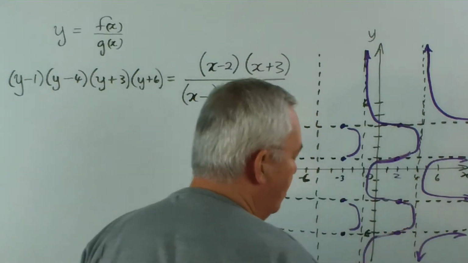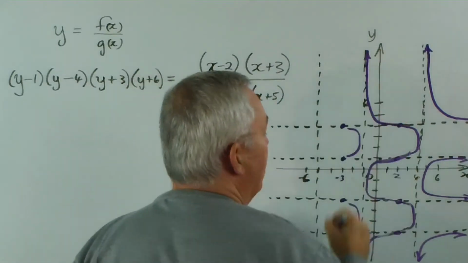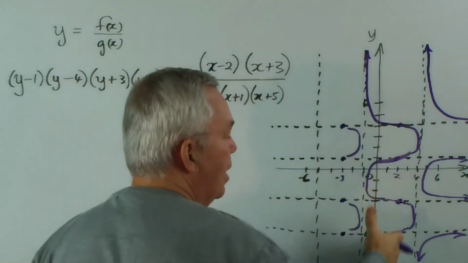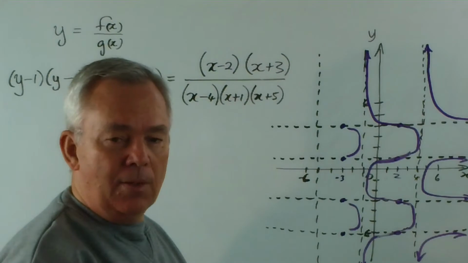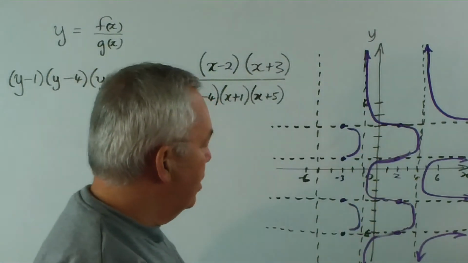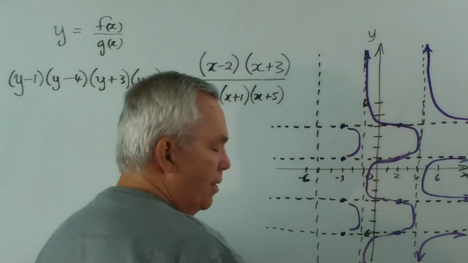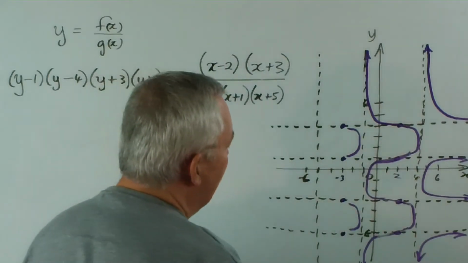So you've succeeded in creating a bit of a monster, actually. This is not obviously a function. If you do your vertical line test, you're going to have multiple places where you're going to have values for the y values for the same x value. So your vertical line test will fail. It's a relation but not a function.